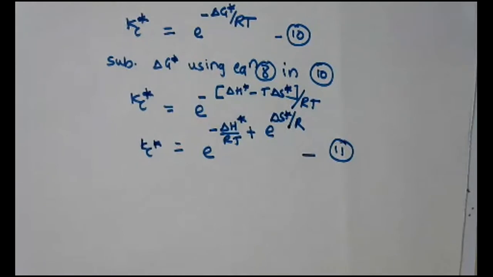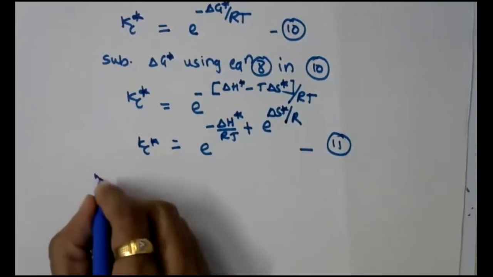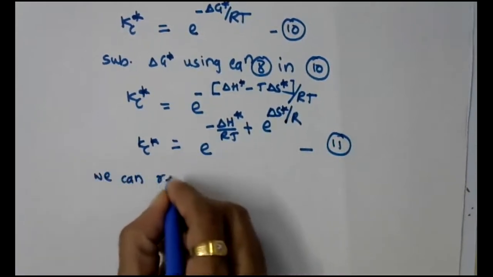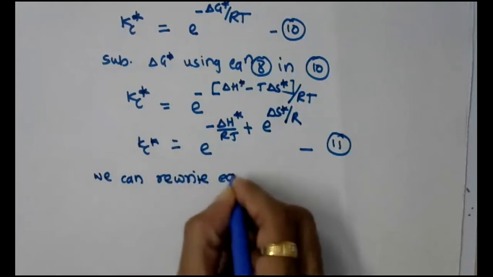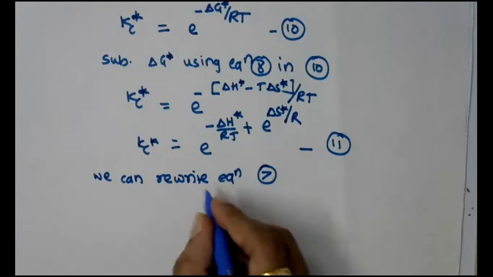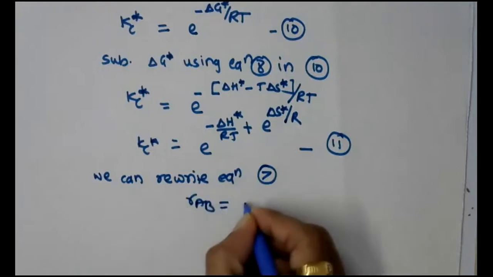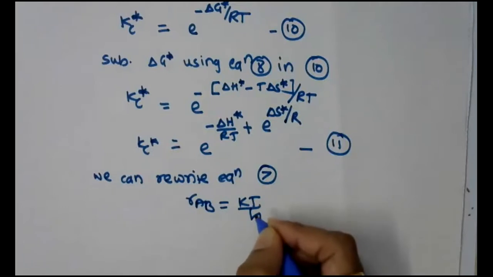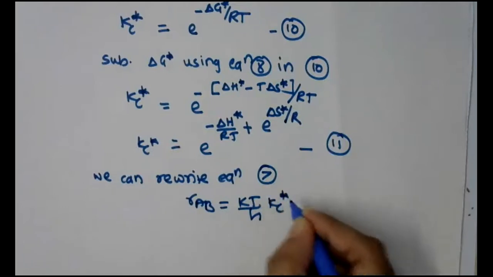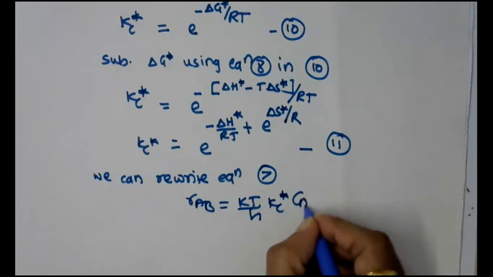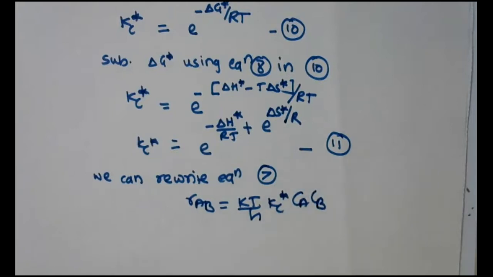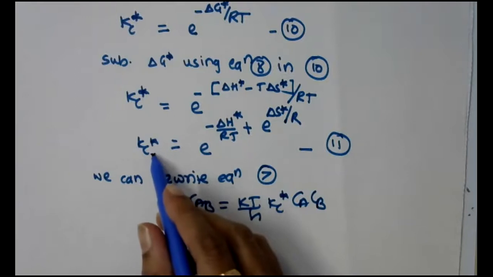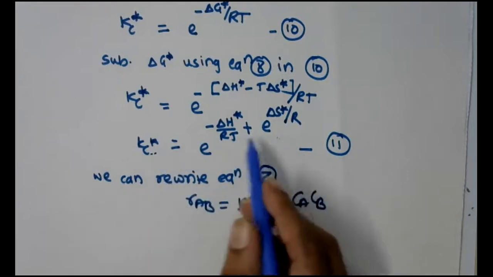Now this equation 11 I can substitute in equation 7. We can rewrite equation 7: RAB is equal to KT upon H, Kc star into CACB. So now in place of Kc star, we will substitute this, right?